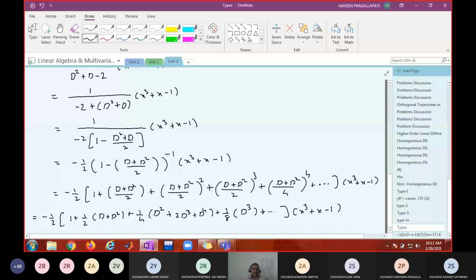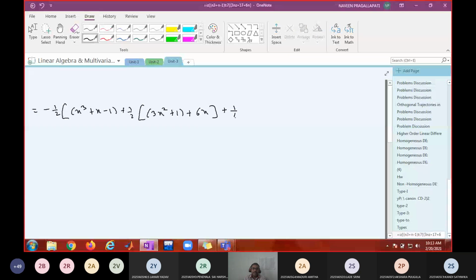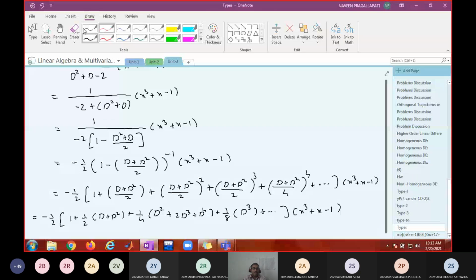What is the next one? Plus 1 by 4 into d square of this polynomial. Just now we did. D square of this polynomial is 6x, plus 2 into d cube. What is d cube of this polynomial?